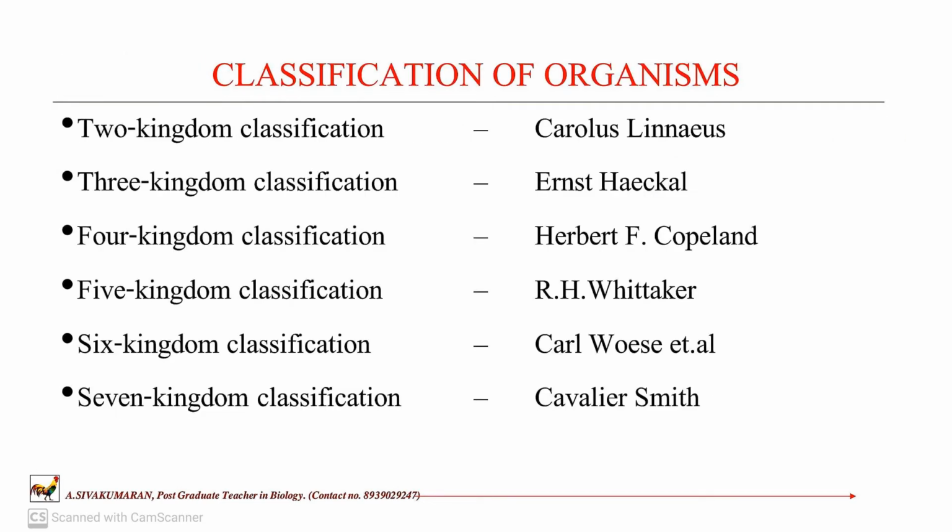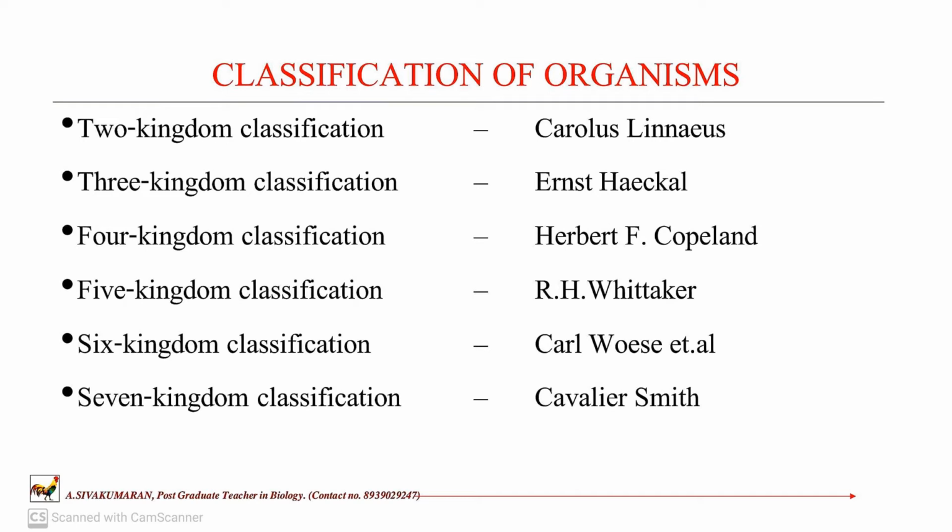Classification of organisms starts, and different scientists try to classify the organisms by different methods. Carolus Linnaeus's classification was called two kingdom classification, followed by Ernst Haeckel, who classified into three kingdoms.